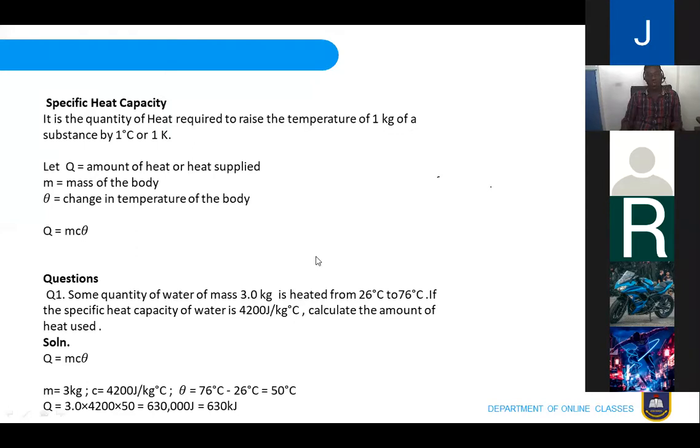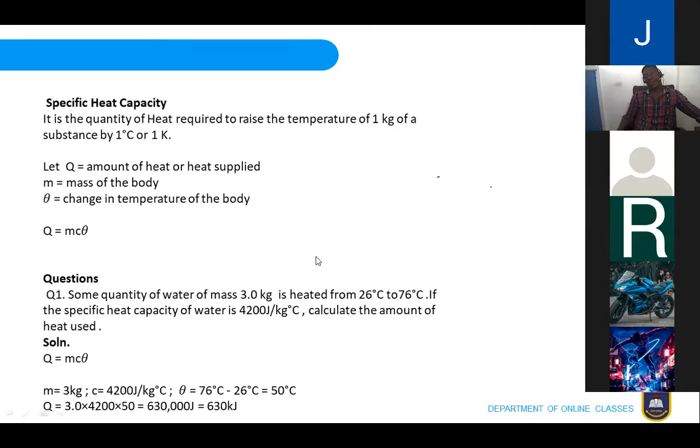So this is the definition. It is the quantity of heat required to raise the temperature of 1 kilogram of a substance, you see that mass is included, by 1 degree Celsius or 1 Kelvin, and it is called the specific heat capacity of the body.